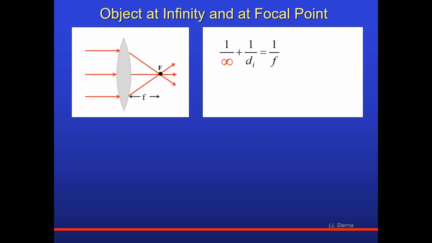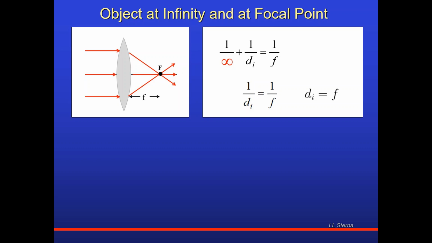Well, what's 1 over infinity? It's 1 over an extremely large number. 1 over an extremely large number would be 0. So we're left with 1 over di equals 1 over f. We have to solve that equation. Well, the solution to that equation is simply that will be true if di equals f.